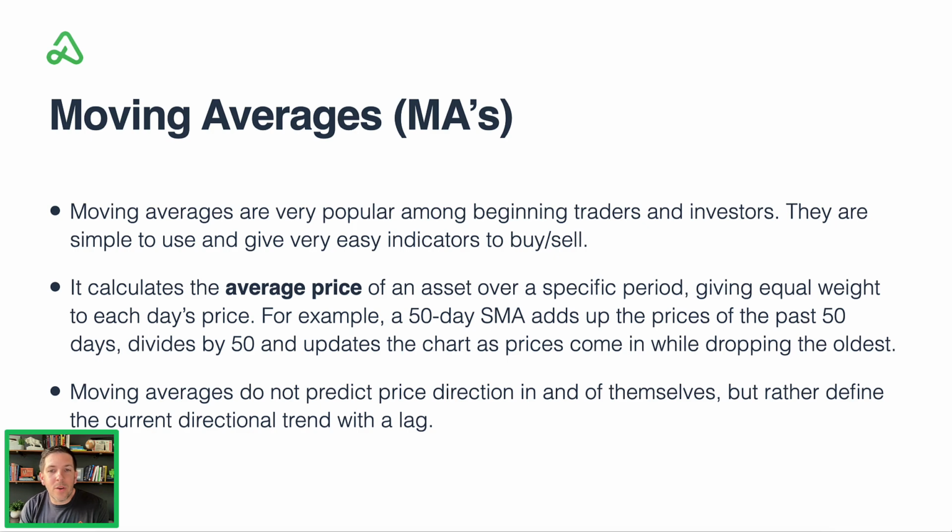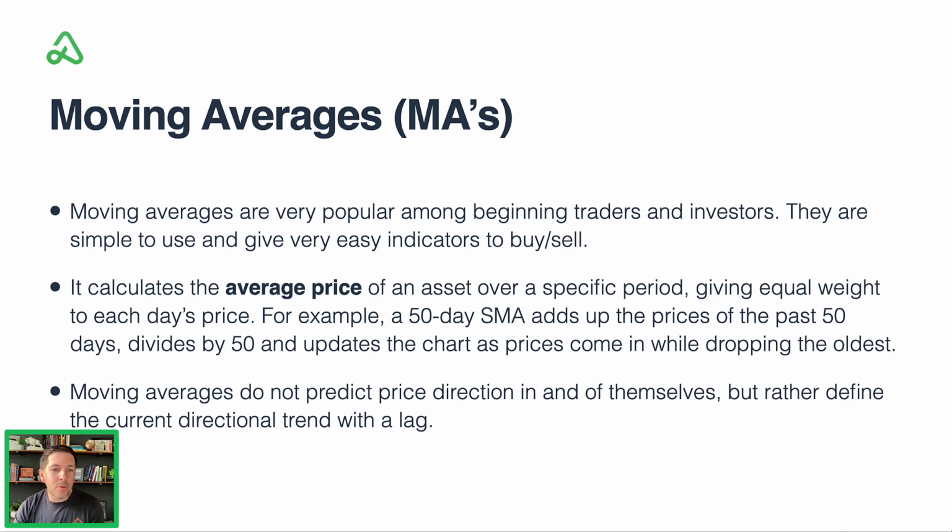So for example, if you had a 50-day simple moving average, SMA, then it would add up the last 50 days of price action and divide that total by 50 to get an average price over the last 50 days. And then it plots it on the chart. The next day, it drops the first day of those 50 days and adds the next day. And it just continues to plot that line over time. It incorporates new prices coming in and the other prices dropping out.